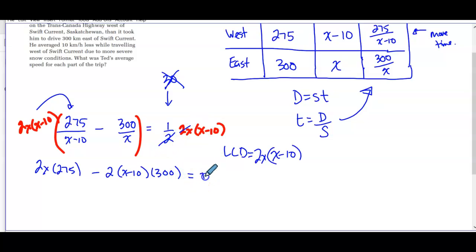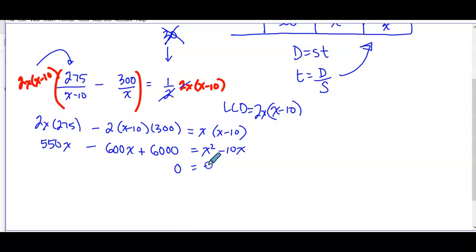The 2's divide out, so 1x times x minus 10, and then expand that out. That's going to be 550. Oh, this is going to be minus 600x plus 6,000 equals x squared minus 10x.